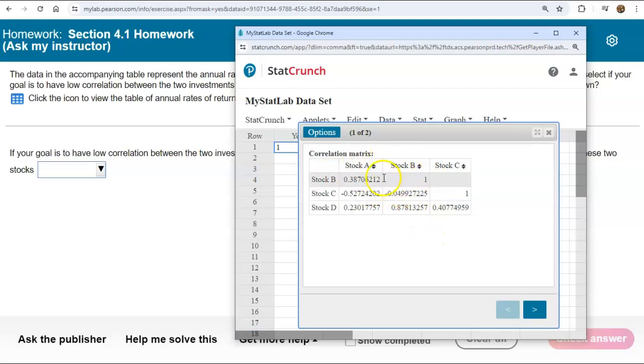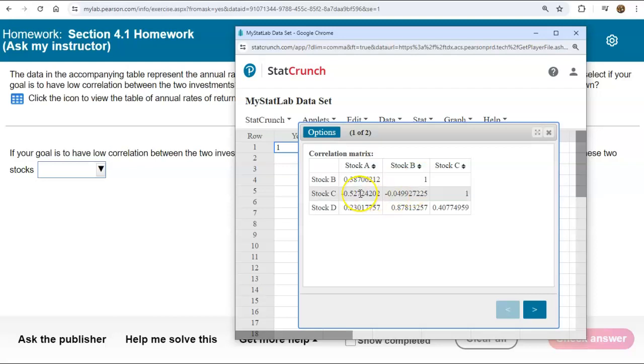I could talk a lot about a correlation matrix, and we're not going to get too deep into that here. But basically, this is a way that we can check and see how these stocks are related to each other. And so 1 means they're perfectly correlated in the positive direction. They both go up in exactly the same way. They both go down in exactly the same way.